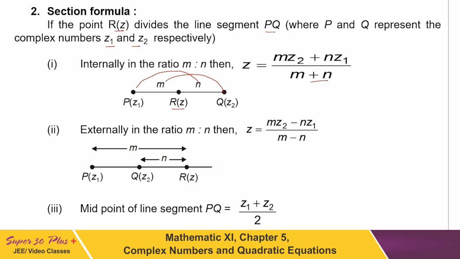For external division, this coordinate can be found by the formula (mZ2 - nZ1) upon (m - n). Similarly, we can find the midpoint of the line segment PQ, it is (Z1 + Z2) upon 2, because for the midpoint the ratio is 1:1. It is Z1, it is Z2. The coordinate of this point will be (Z1 + Z2) by 2.